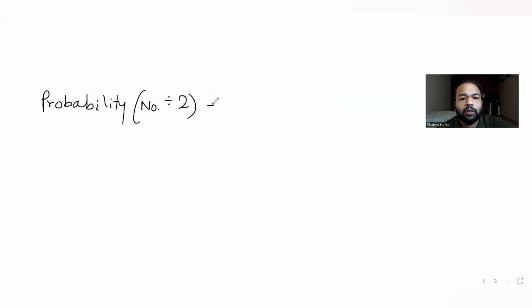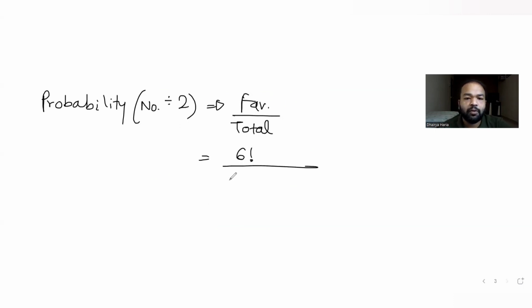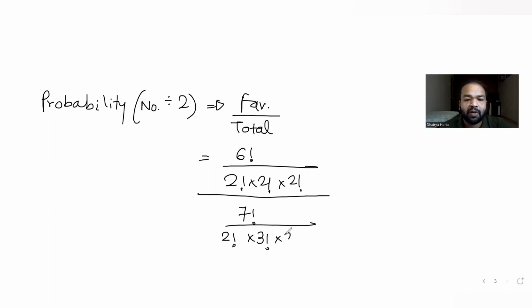Now let's find the probability that the number formed is divisible by 2. That is equal to favorable outcomes upon total possible outcomes. Favorable outcomes, you already know, are 6 factorial upon 2 factorial, 2 factorial, 2 factorial. And total outcomes were 7 factorial upon 2 factorial, 3 factorial, 2 factorial.